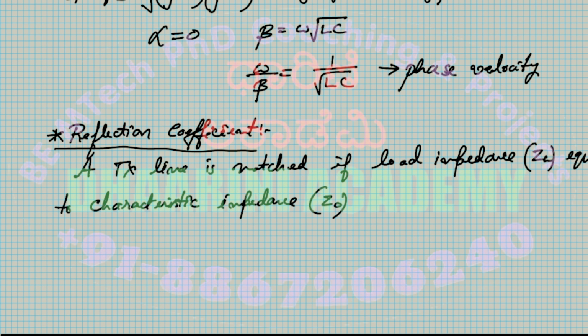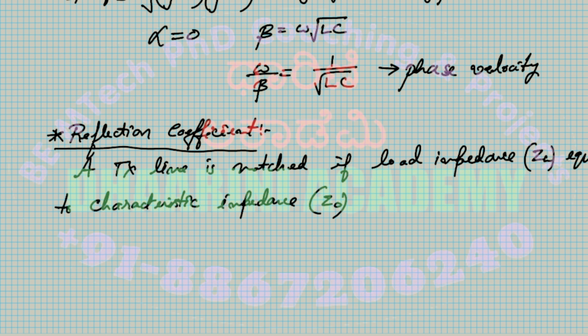Which means the forward wave is completely absorbed by the load, right? That means there will be only Vs into e to the power minus gamma Z. That will be there, but there will be no reflected component. Vr will be 0.